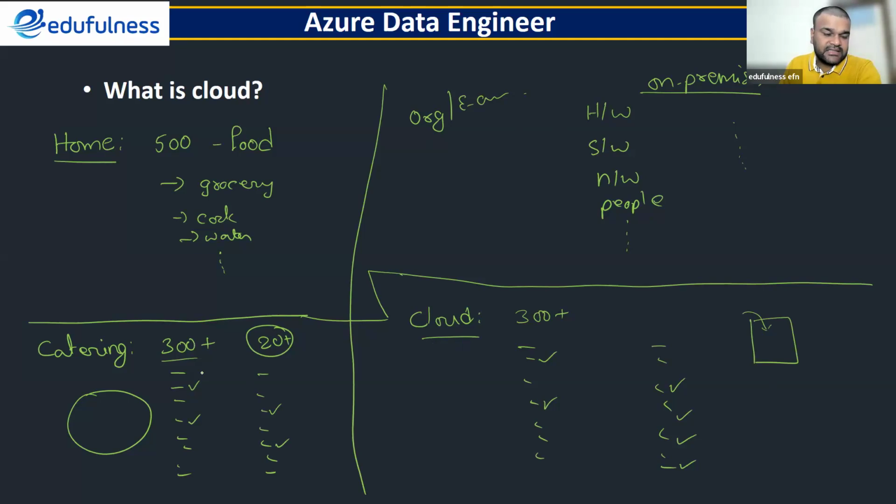Suppose two orders came from two different people, the same curry. They will prepare it together and then divide it between both people. Here also such things exist, different policies to make efficient use. So the cloud is nothing but something working on your behalf at some place and serving its results.